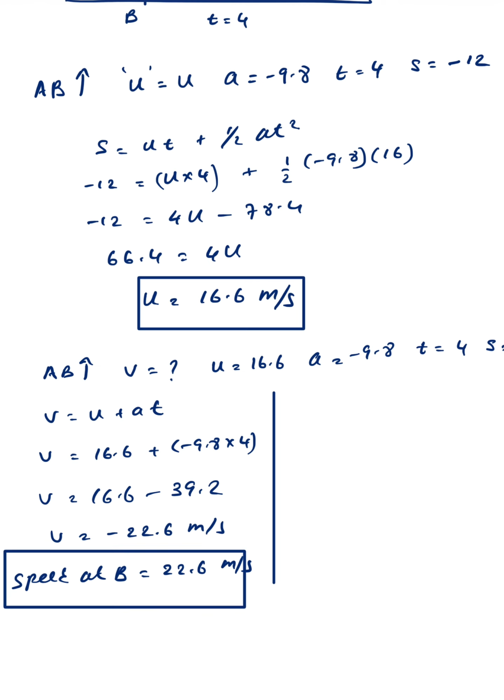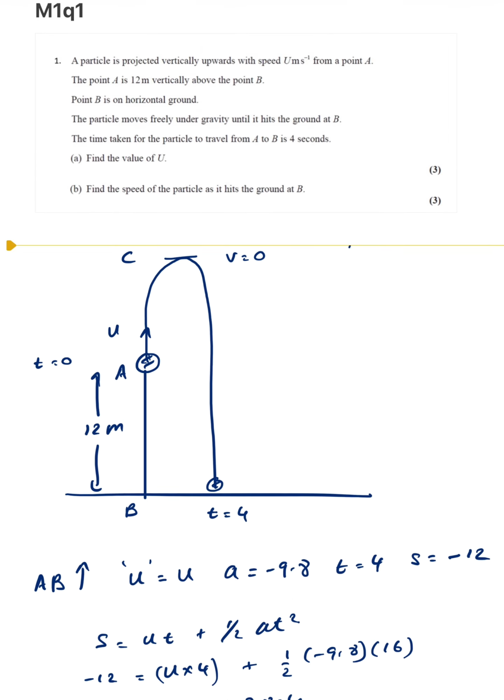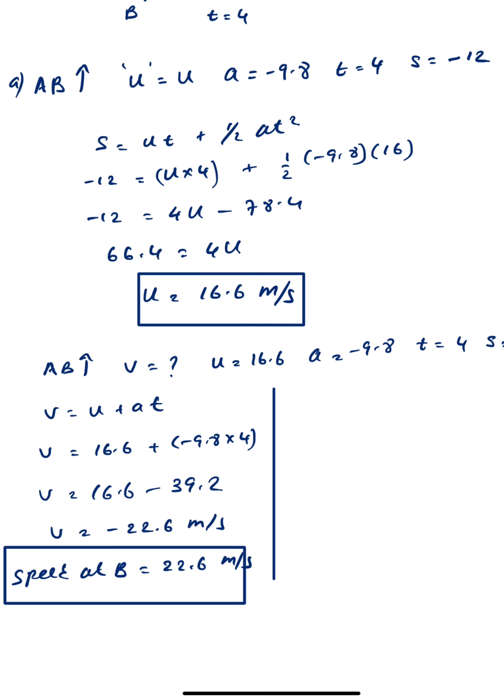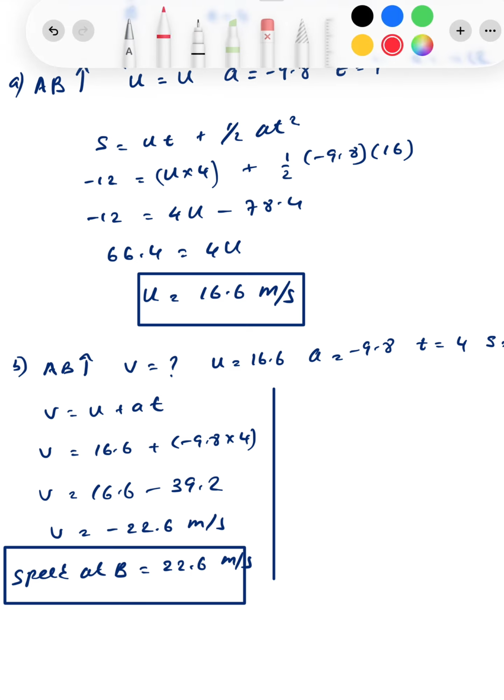So this is where you get the 6 marks spread out. 3 marks for part A, 3 marks for part B. Alternatively, if someone wants to use the other method, you can use S equals u plus v over 2 times t: minus 12 equals 16.6 plus v over 2 times 4.